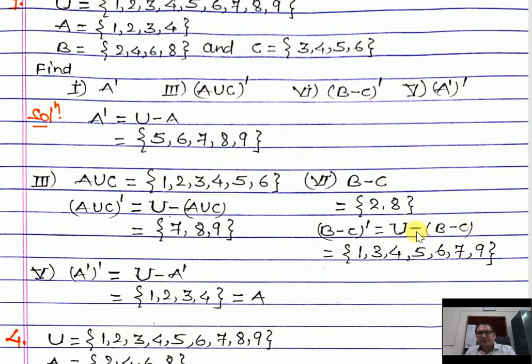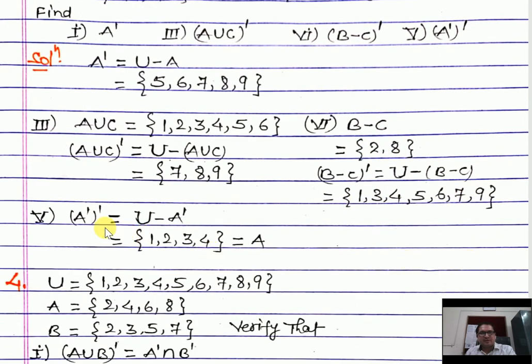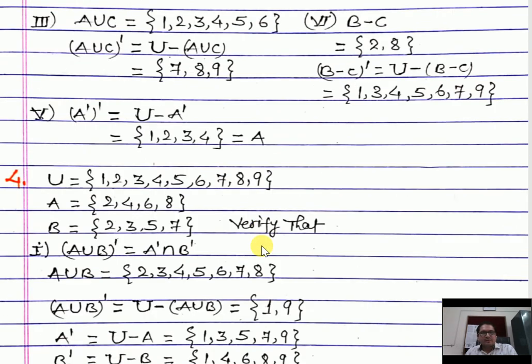So all elements of B minus C you have to remove from U. So 2, 8 you have to remove, and copy the other elements. Complement of complement of A is U minus complement of A, that will be equal to A only.